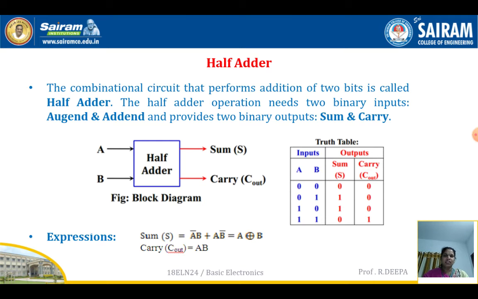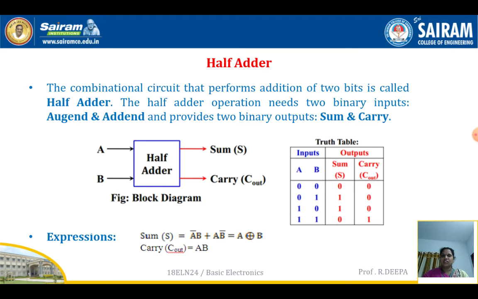The first combination, 0 plus 0, gives sum 0 and carry also 0. The second combination, 0 plus 1, gives sum 1, carry 0. The third combination, 1 and 0, gives sum 1 and carry 0. And the last combination, when both inputs A and B are 1 1, sum will be 0 and carry will be 1. So this is the truth table of the half adder.